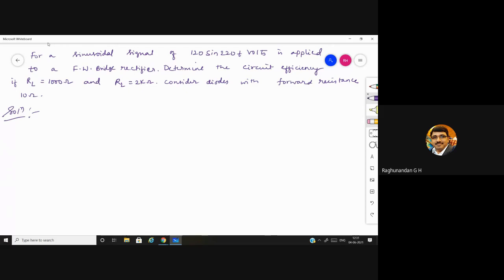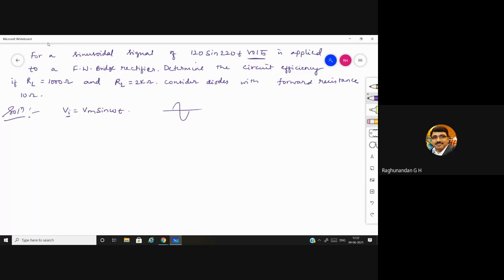Vm sin omega t. So it is the instantaneous voltage, Vm sine omega t. Instantaneous voltage means total signal. The total signal is represented by Vi.